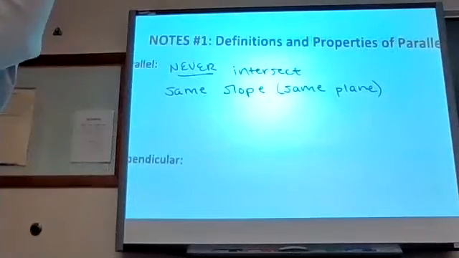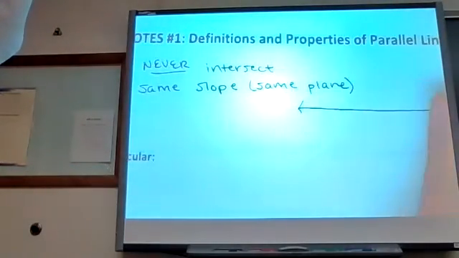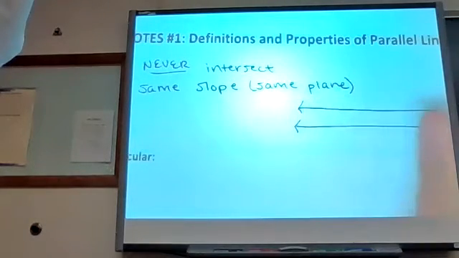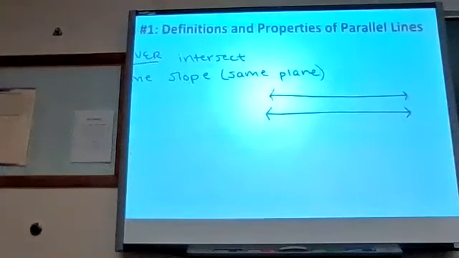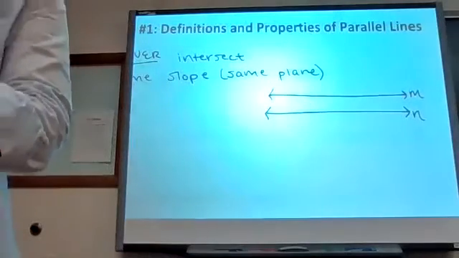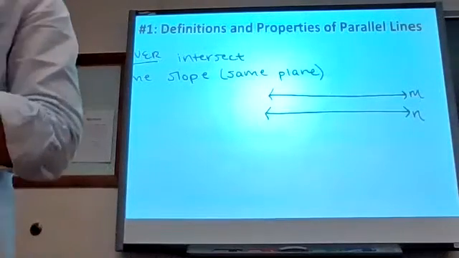The way that we identify parallel lines in a diagram, so I'm going to draw a couple parallel lines. And I'm going to call this line M and this line N. In this unit, you'll see a lot more of lines labeled by that lowercase cursive letter versus two dots, just keeps the diagram a little bit cleaner.